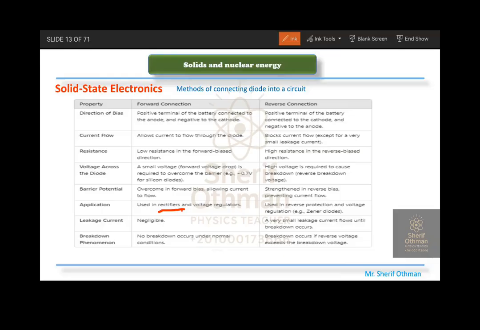But if we connect this diode to 220 volts, which means it's unable to hold this voltage, and the potential difference is very high now, so it's going to overcome the depletion region and pass through the diode, so the diode or the connection itself is useless.